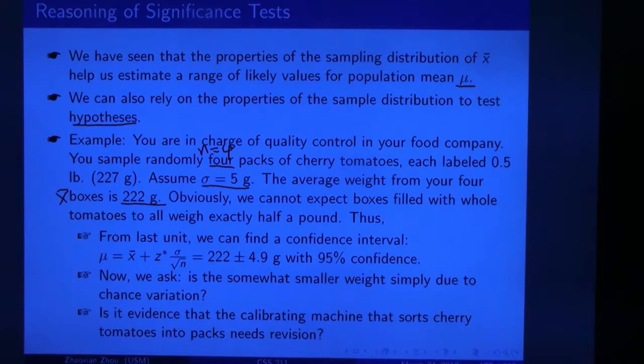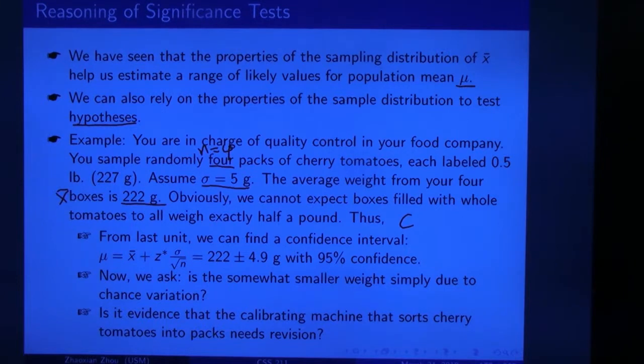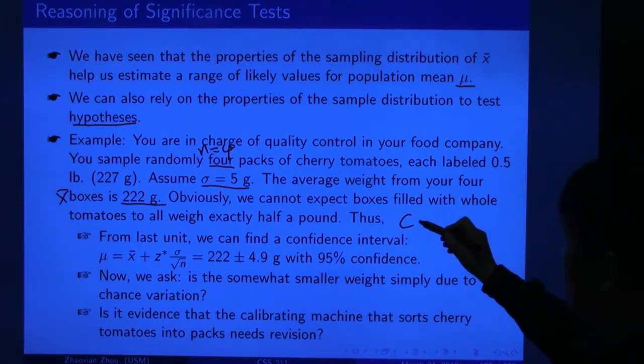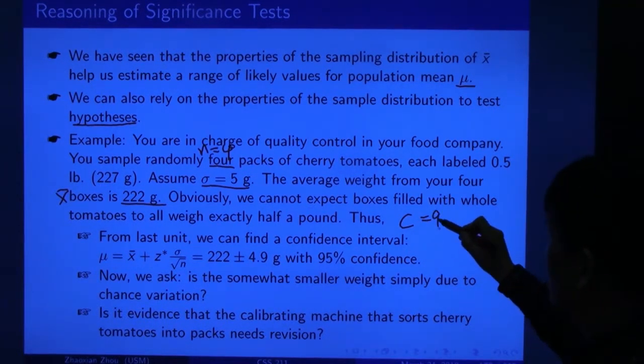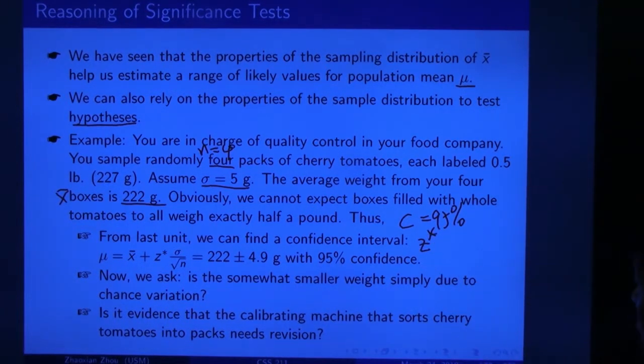Let's recall what we did in the last unit. We can calculate the confidence interval for a confidence level C. If we are given C, for example, equals 95%, we can calculate the Z star from table D, or from table A if you like.